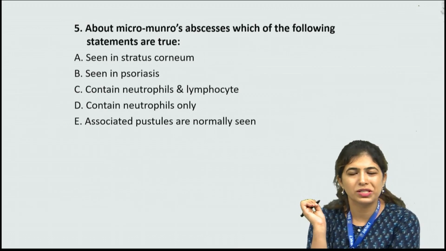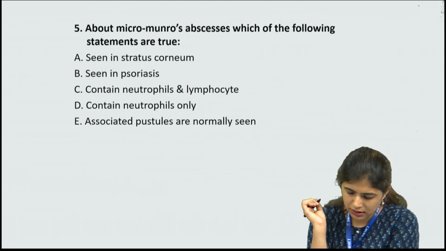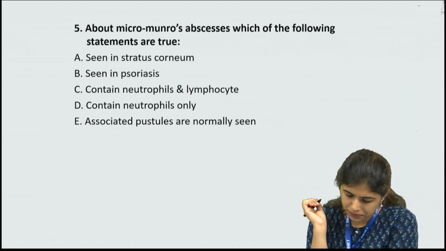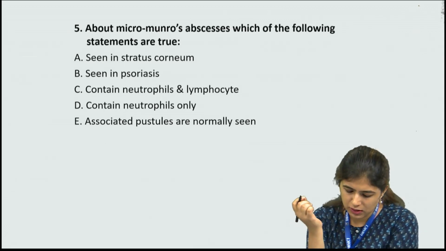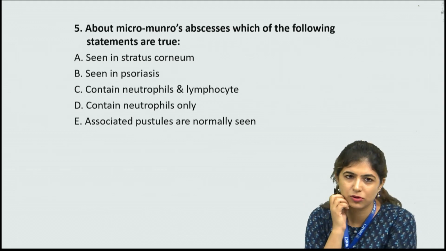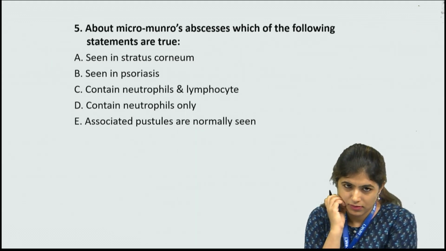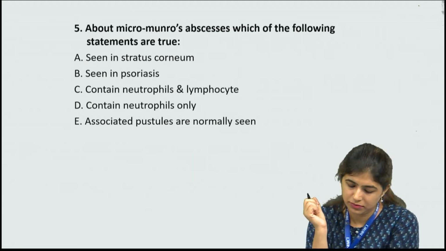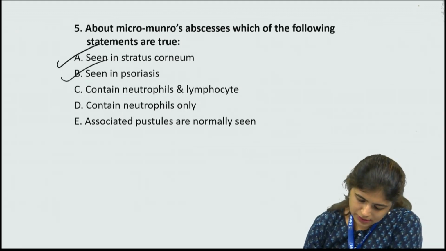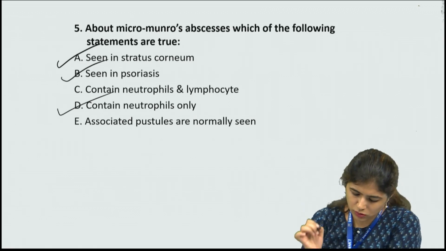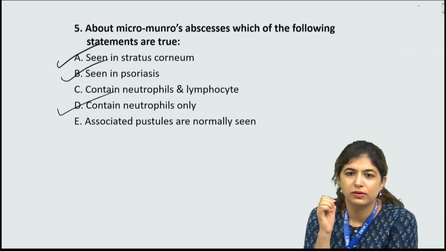The last question in this GT is this one. We've just discussed Munro's microabscesses, so I'm sure you can give me an answer to this one. Seen in stratum corneum, in psoriasis, and it contains only neutrophils. We just discussed.